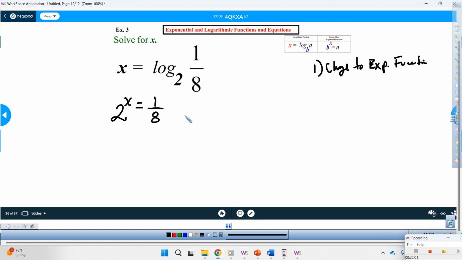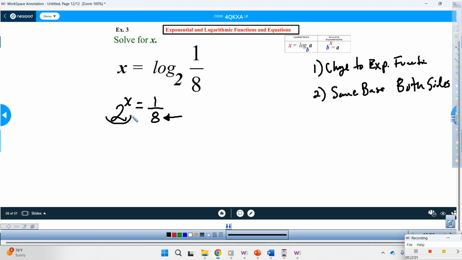Step 2, same base, both sides. Both sides need to be the same base. So here we go. Look up to the screen. How can I write 8 in base 2? 2 to the what gives me 8?